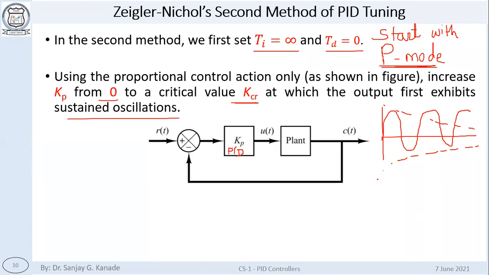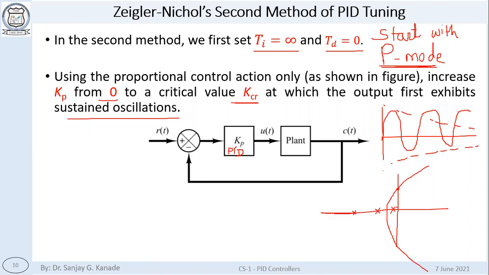If you try to increase the gain even above that, what will happen? If you remember this kind of graph, what was this? Root locus plot, and here we had some sample roots like this.